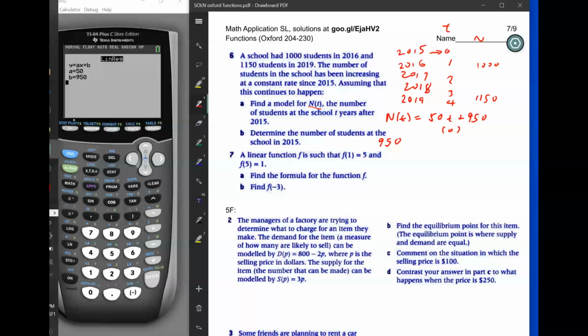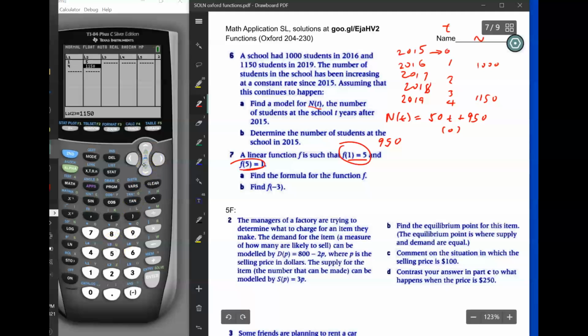Number 7, a linear function f is such that f of 1 equals 5 and f of 5 equals 1. Find the formula for the function f. So let's go to stat edit again. And we're going to put in 1, 5 for this one. And then we're going to put 5, 1 for this one, right? Because this is x and this is y.